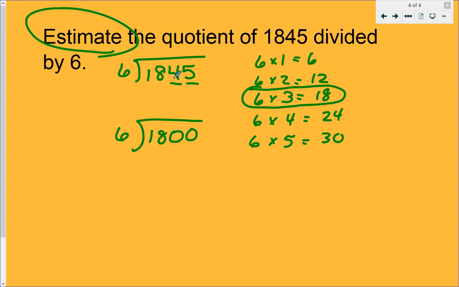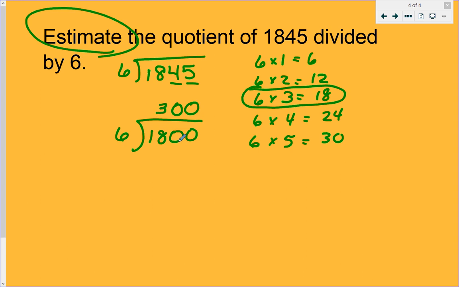Okay? I make them zeros because what that means is I know this is just a basic fact. 18 divided by 6 is going to give me something. And then I'm going to just have the two zeros that are going to go up there. So what number times 6 does equal 18? 3. So 3 is up here.